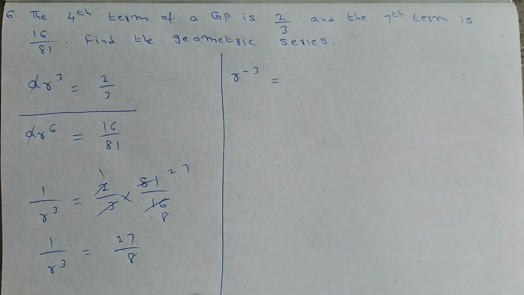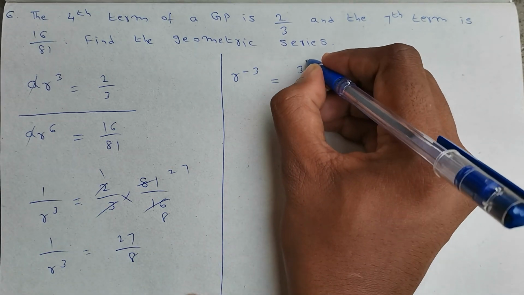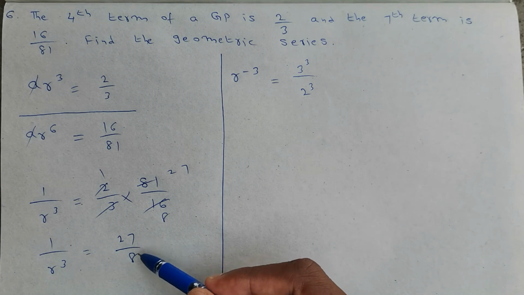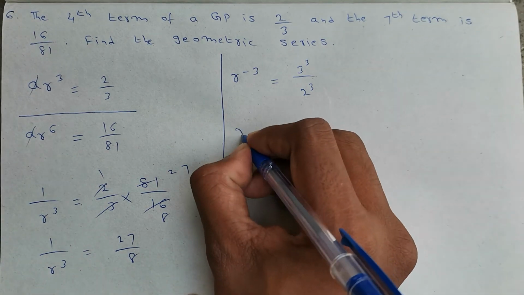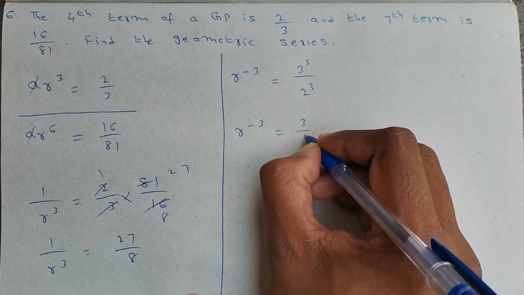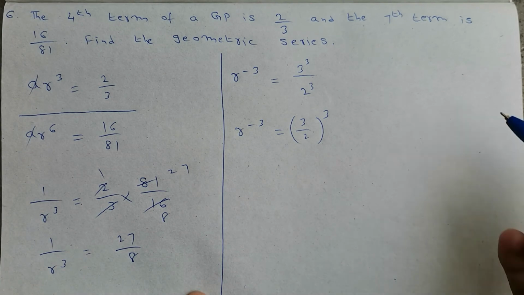Here 1 by R cube, which is in reciprocal form, will become R power minus 3, which is equal to 27 by 8, which can be written as 3 cube divided by 2 cube. So R power minus 3 is equal to 3 by 2 whole power 3.